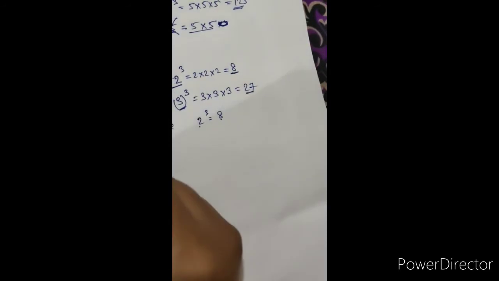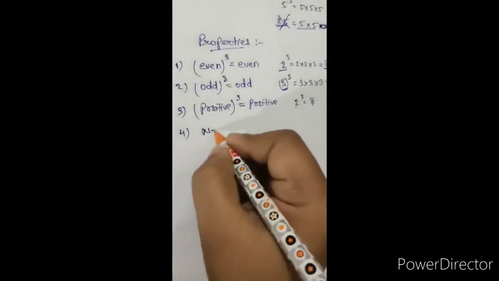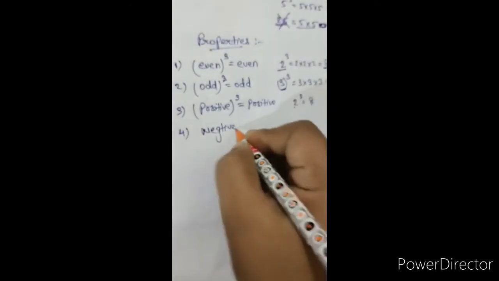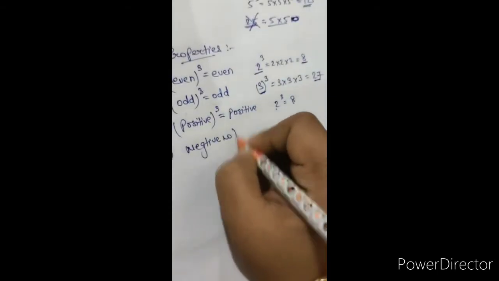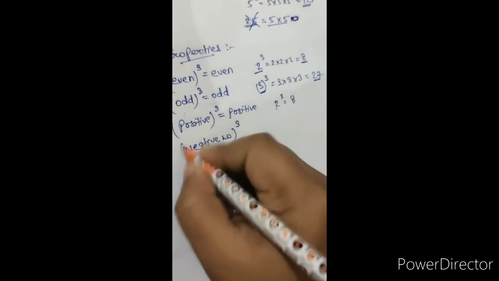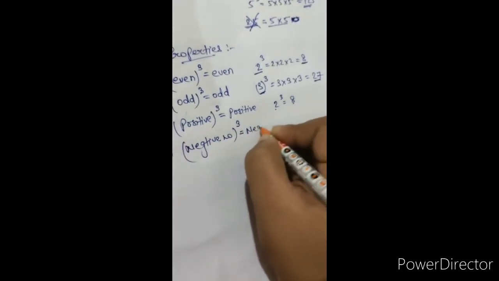Fourth property, the cube of a negative number is always negative.